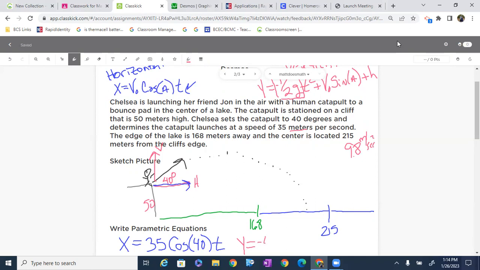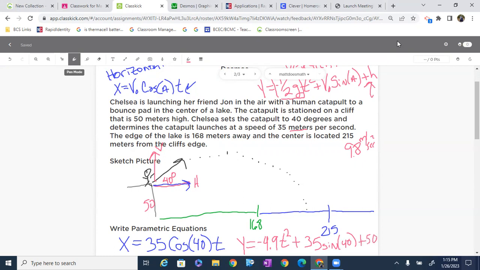So I'm going to write negative 4.9 t squared plus the initial velocity again, which is 35 meters per second. So 35 cosine of the angle, or I'm sorry, sine of the angle. Okay, so 35 sine of the angle, plus the initial height, which is what h stands for, which is a 50-meter cliff.